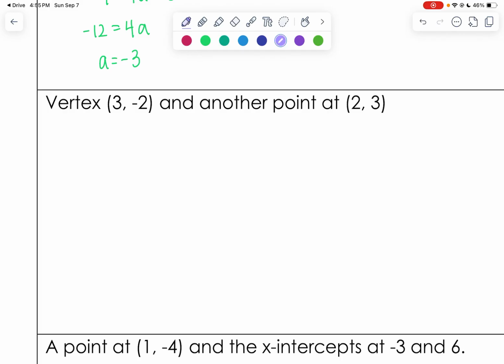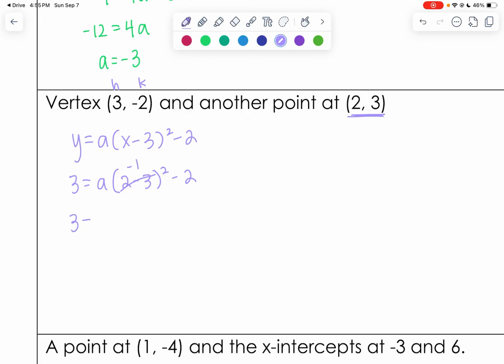Okay? I have my vertex, so I have my h and my k. So y equals a times (x minus 3) squared minus 2, because that's k. And then I'm going to plug in this point and use that to find my last unknown, a. So 3 equals a times (2 minus 3) squared minus 2. 2 minus 3 is -1, but -1 squared would just be +1.